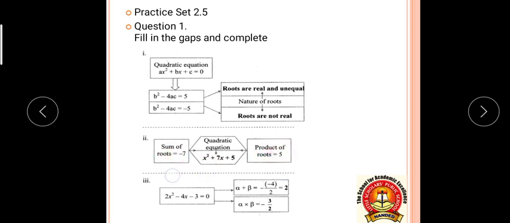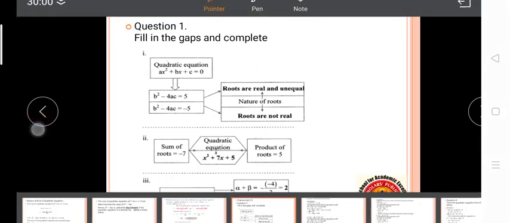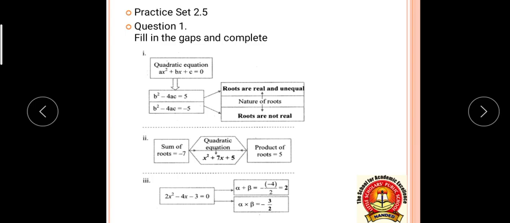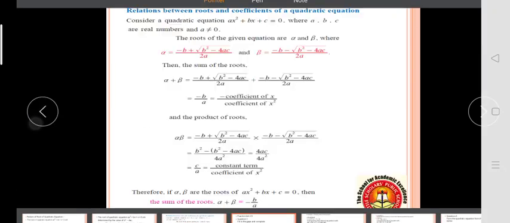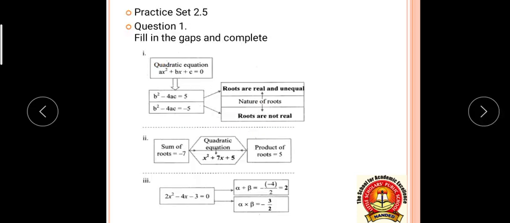Sum of the roots, that is alpha plus beta, is minus b upon a, and the product is c upon a. Minus b means minus 7 upon a, a is 1, and therefore it is minus 7. And c upon a, c is 5 upon a is 1, so it is 5. So this I directly wrote the value.